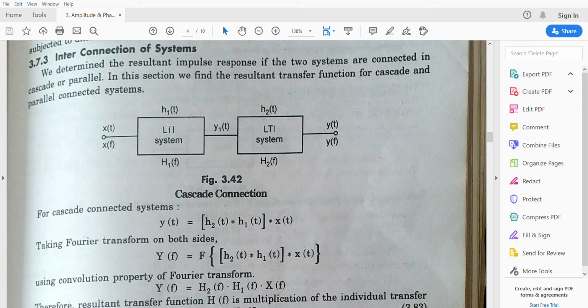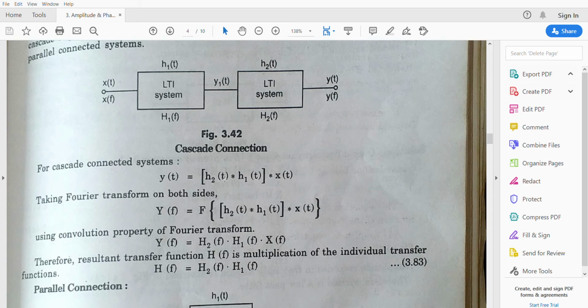In place of the two system boxes, we get one system box that gets convolved with our input. Now, how do we solve two convolutions? In place of that, we convert the time domain into the frequency domain and apply the Fourier transform.